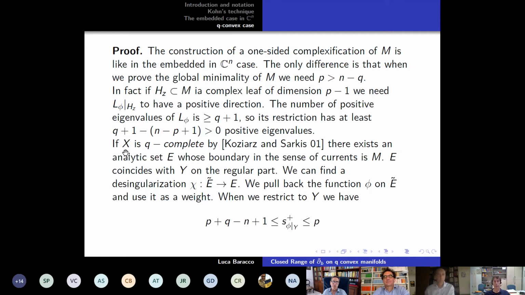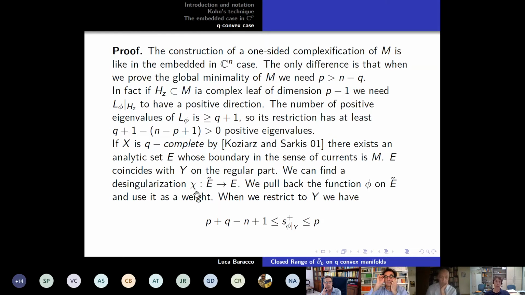M. So if X is Q complete, we have an equivalent version of the Harvey-Lawson theorem. So there exists an analytic set E whose boundary in the sense of currents is M. Again, we have that Y is contained in E, and they coincide on the regular part of E. So we can find a desingularization E tilde, a complex manifold, which desingularizes E, and we have a copy of Y inside E tilde.